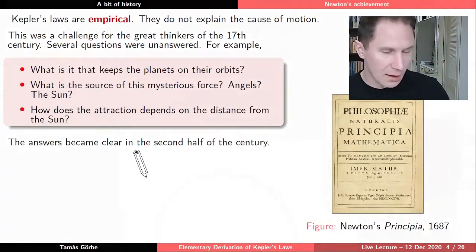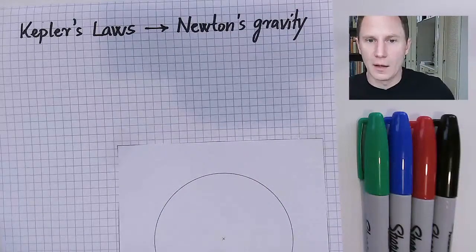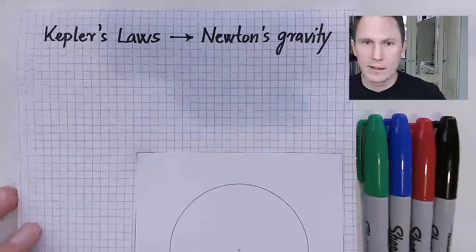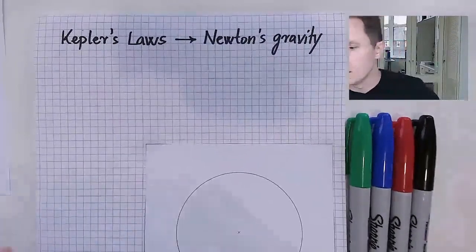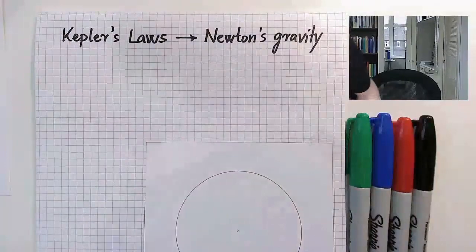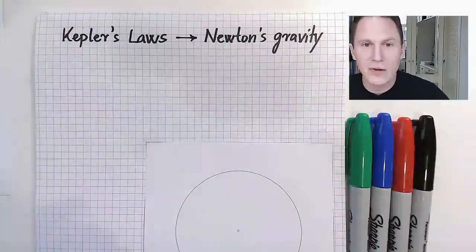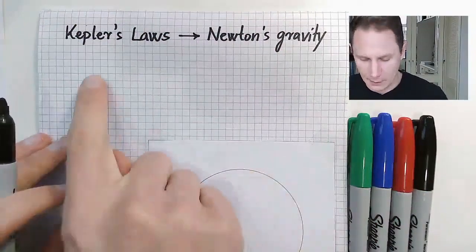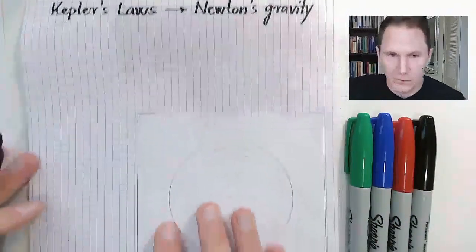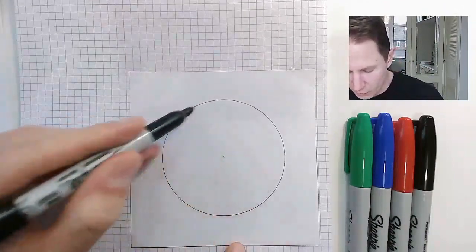Okay, so let me go over to my notepad and try to show you a derivation of Newton's gravity using Kepler's laws. Okay, so first we have to imagine that we have this circular orbit.